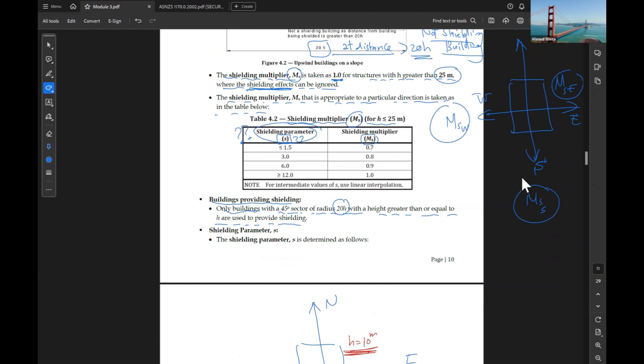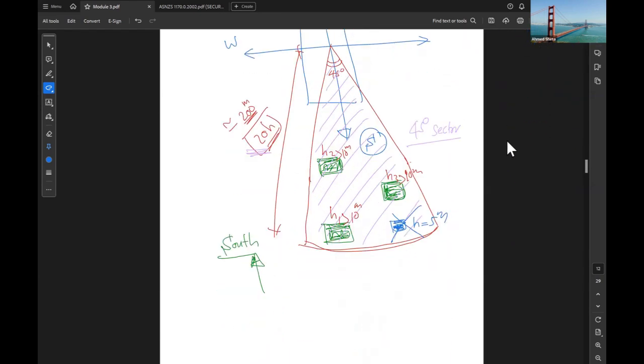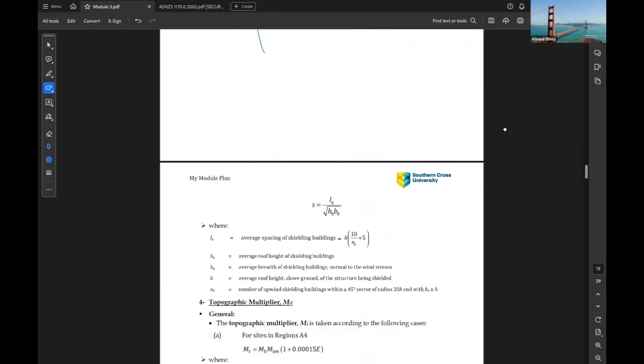Now how do we find the parameter S? The parameter S is equal to this formula from the standard: LS over root HS BS. What is LS? LS is the average spacing of shielding buildings, equal to this formula: H times 10 over NS plus 5.